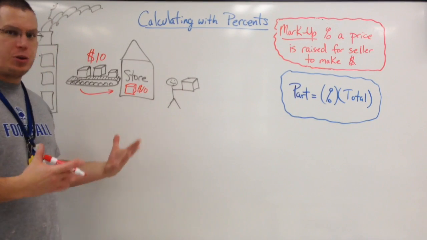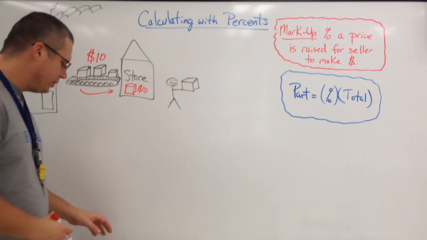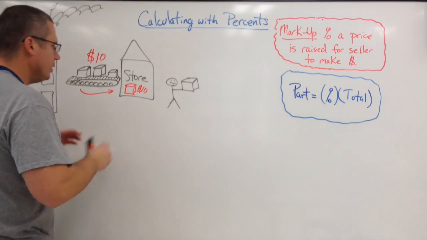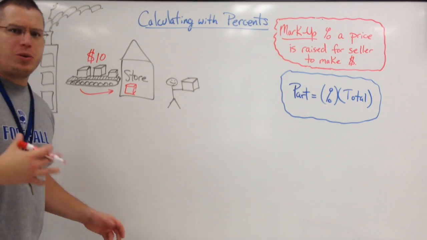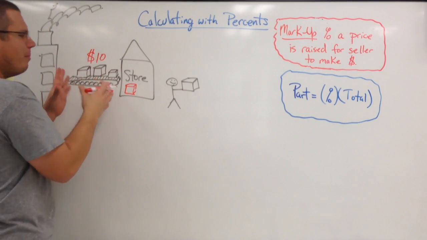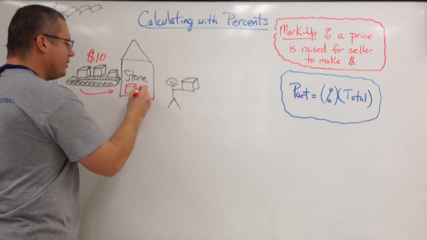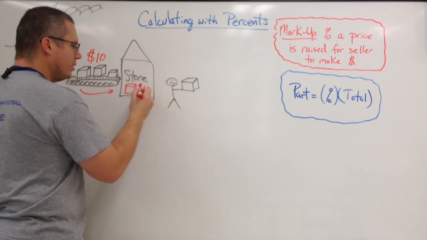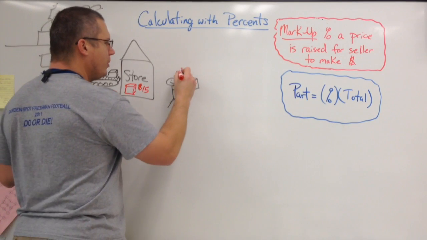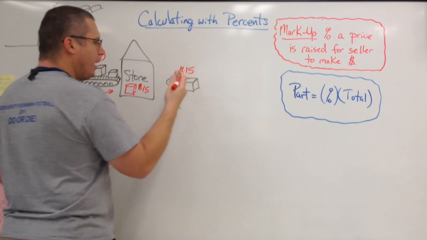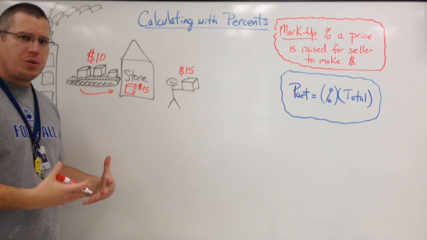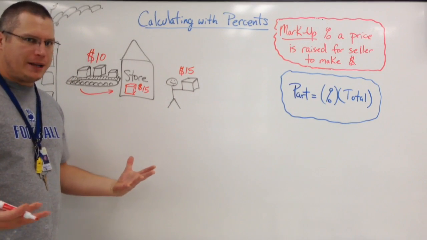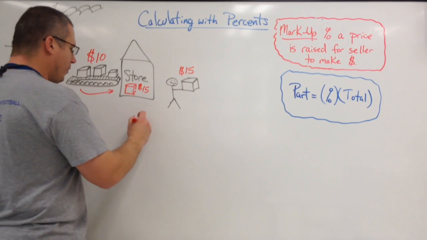The store is not making any money. So what will stores generally do? Every item in a store is different, but if they bought the box for $10, they may sell it for $15. So this person now is leaving having spent $15 on that box. Why is this good for the store? Because the store just made $5.